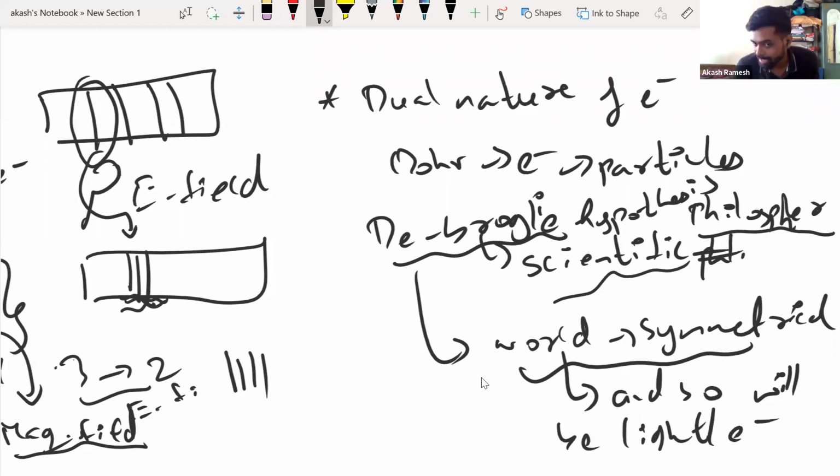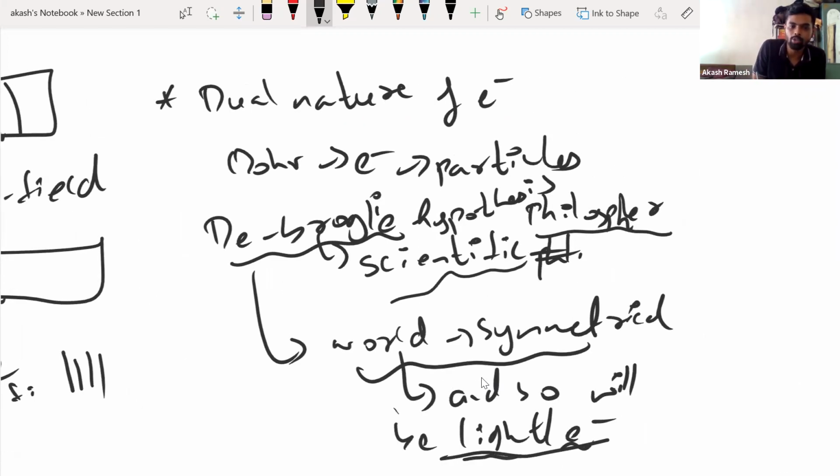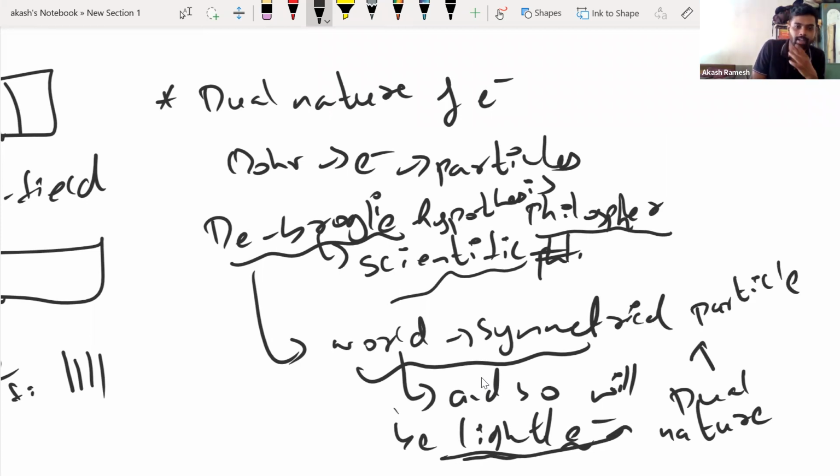So what he said is that light, that is normal light which we see, or electrons for that matter, are going to have dual nature. They are also symmetric. What is dual nature? One is obviously the particle nature. As particles, light or electron can be regarded as particles, or they can be regarded as waves.